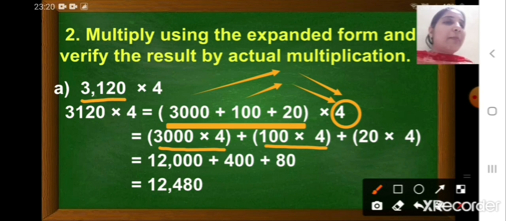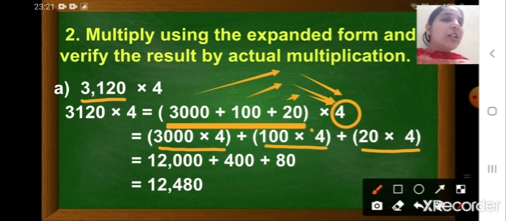And then we will multiply this 20 by 4, and then we will add them.